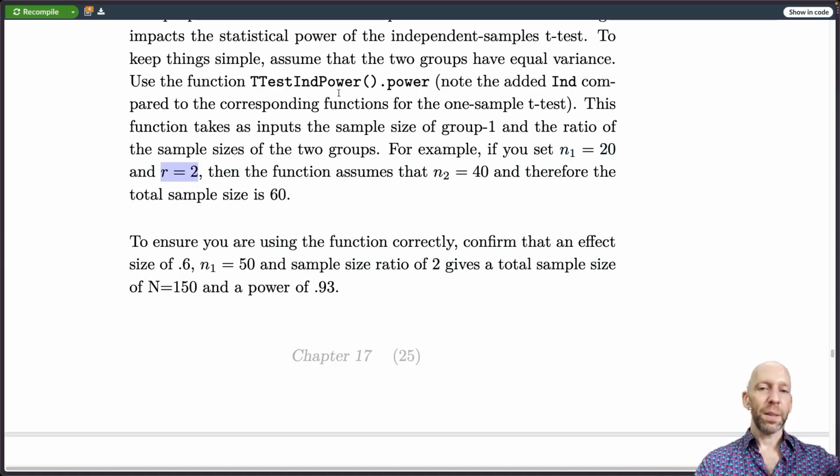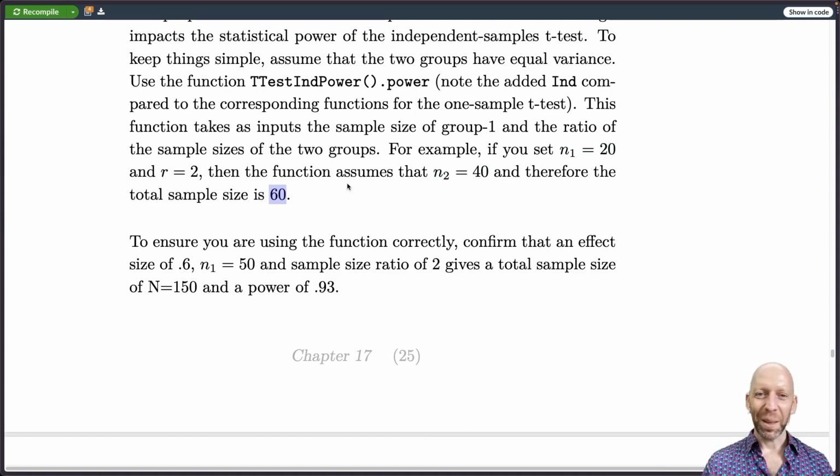Then this function, t-test ind power, will infer that the sample size of group 2 is 40. So 2 is the ratio, and based on that ratio and the sample size of one group, it infers that the sample size is 40, and so the total sample size, including both groups, is 60.